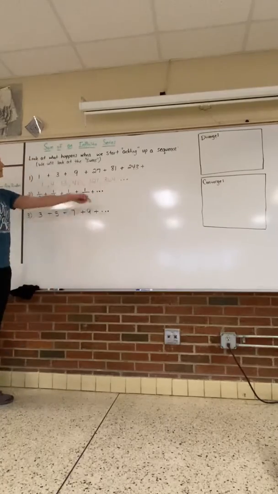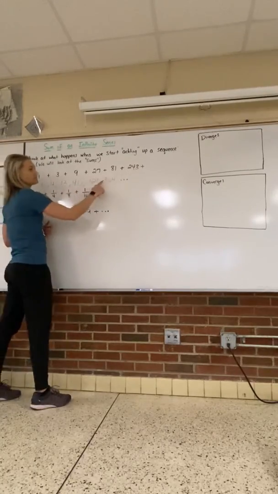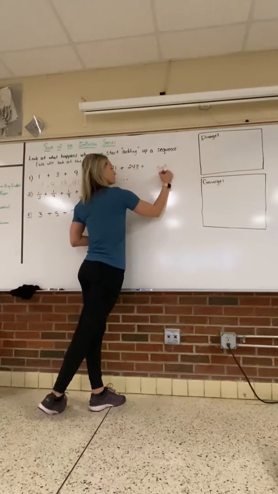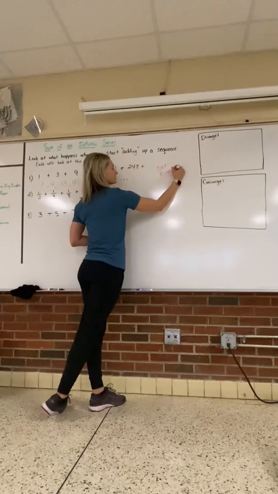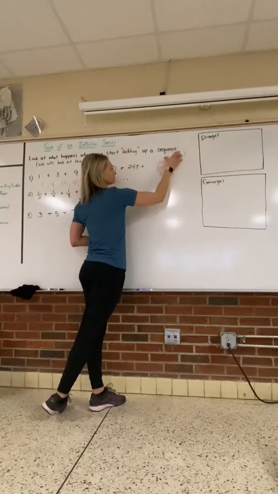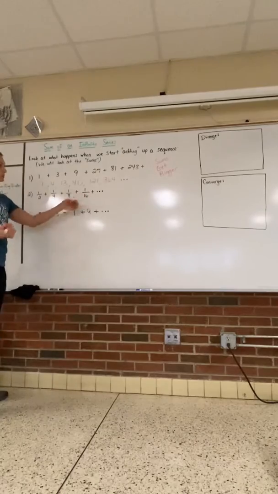And so what's happening as we add more and more in? Well, it looks like it's just getting bigger. So as of this moment right now, I just want you to notice that the sums are getting bigger. So we'll put sums get bigger. Okay, so now let's observe this one.